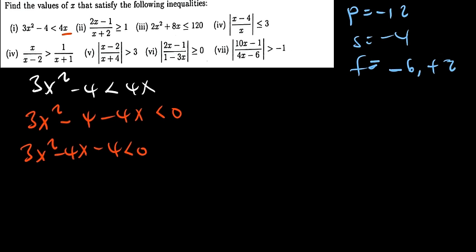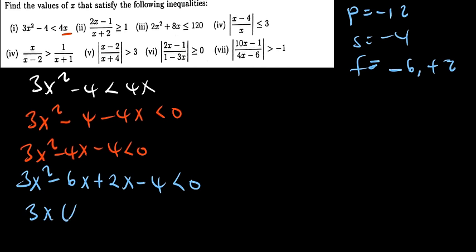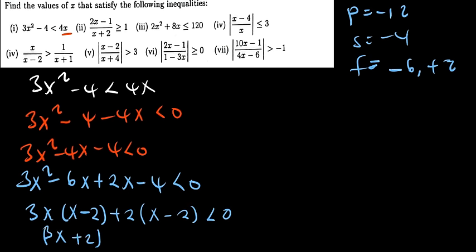Since the coefficient here is 3 and it's not positive 1, I'll rewrite this like that. Factor out 3x, x minus 2. Factor out 2, x minus 2, less than 0. 3x plus 2 and x minus 2, like that, is less than what? 0.